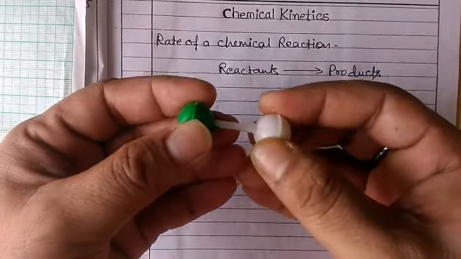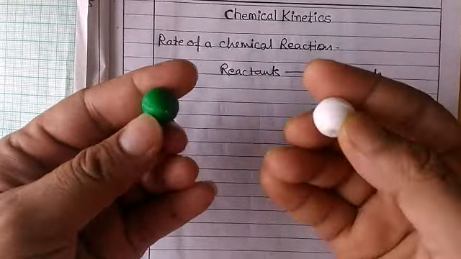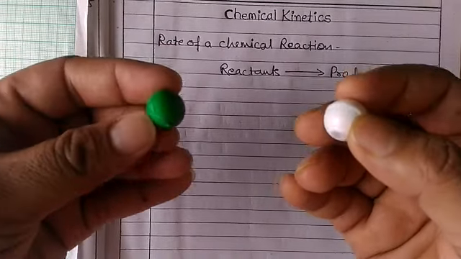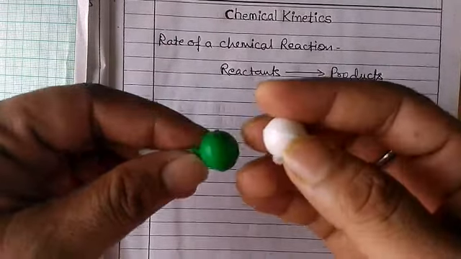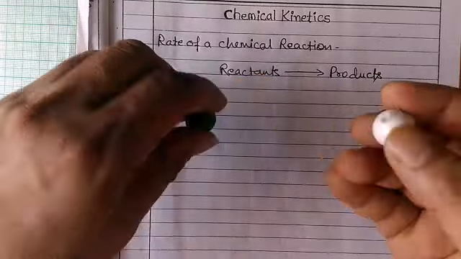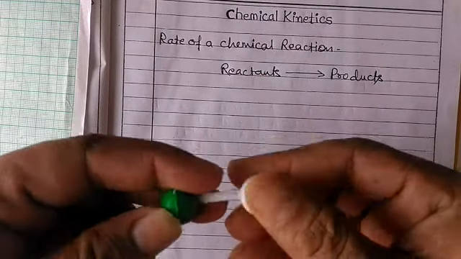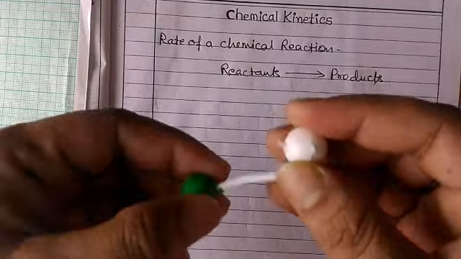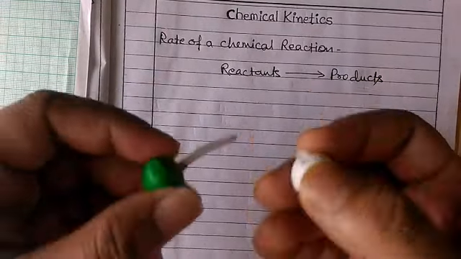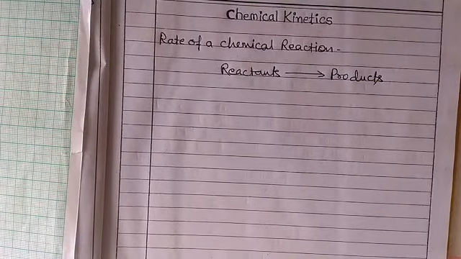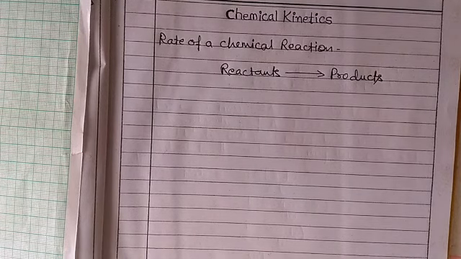So this is the requirement of a chemical reaction. If they are oriented at some other angle, if they do not possess a certain amount of energy, the reaction is not going to take place. And if they are oriented properly, they will perform the chemical change. So this is how chemical reactions take place.